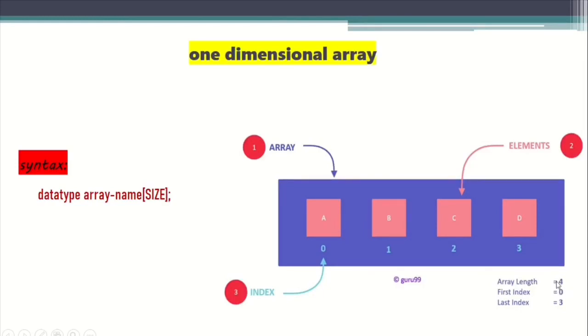So the length of this array is 4, and 4 minus 1 is 3. So the index will begin with 0 and end with 3. The first element will get 0, the second 1, the third, which is C, will get the index 2, and D will get 3.